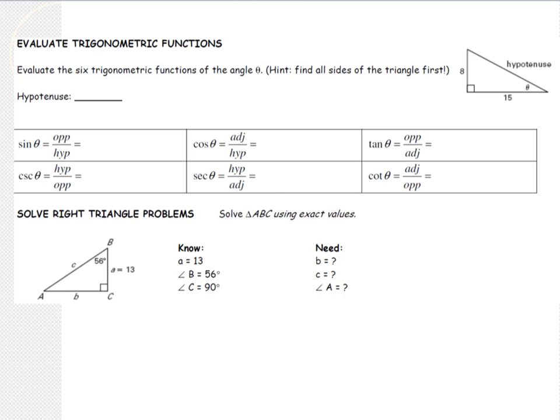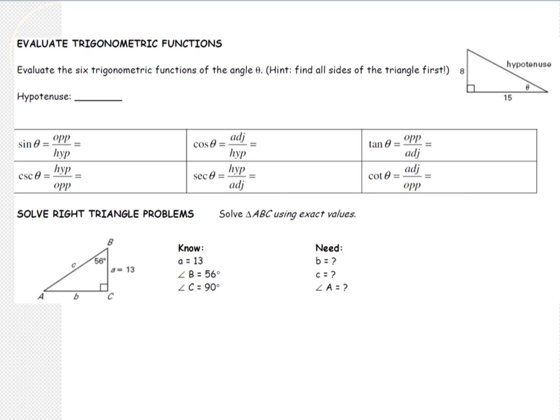Next, we're going to evaluate trigonometric functions. So we're going to evaluate the 6 trig functions of our angle theta right here in our triangle. The first hint is we need to find all the sides first. We know this side's 8, this side's 15. We've got to find our hypotenuse. Notice this is a right triangle, so we're going to use a squared plus b squared equals c squared.